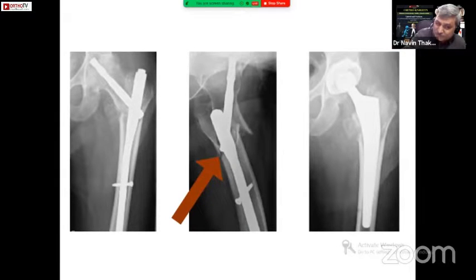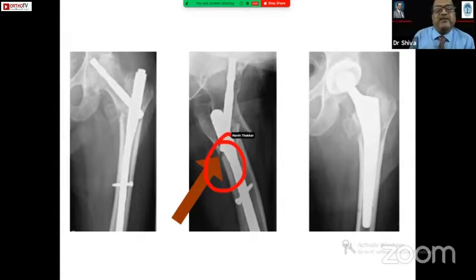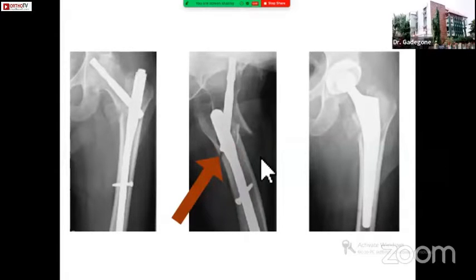At that time, you can see very well there is a lateral cortex breach here already. Yes, Navin, that is one of the problems with this headless screw. If the back end of the headless screw enters into the medullary canal, the hole in the lateral cortex will not match. So it will hit against that, and there will be either penetration or it will lead to this fracture.